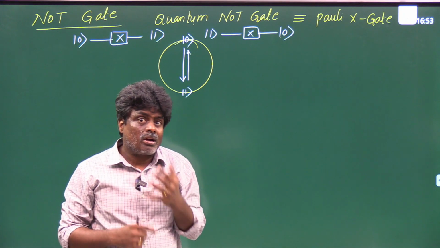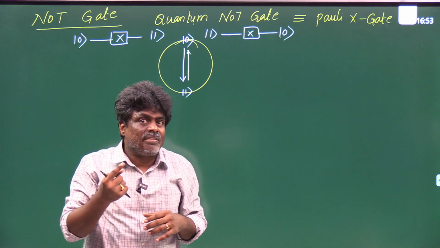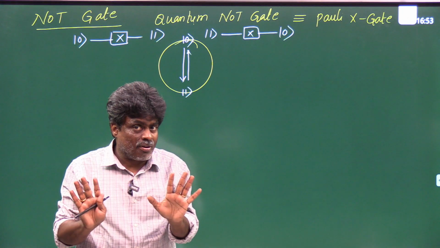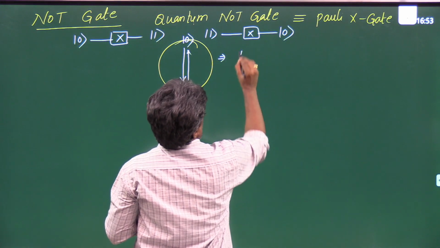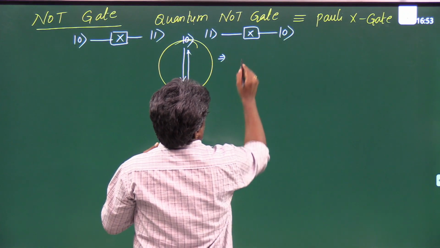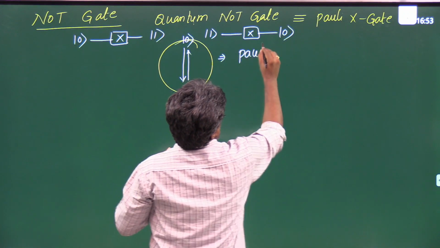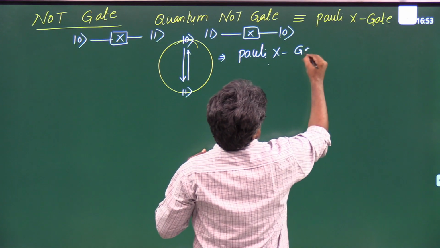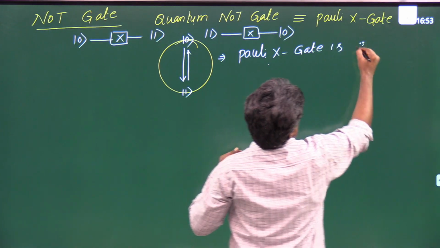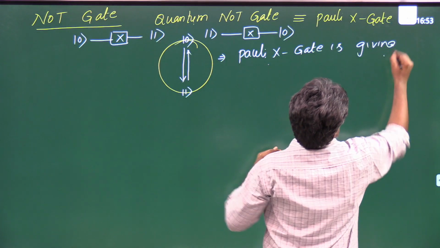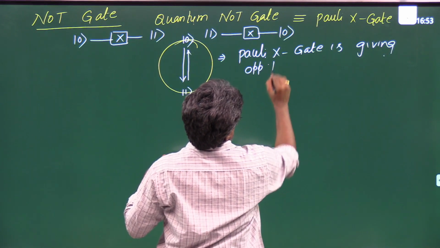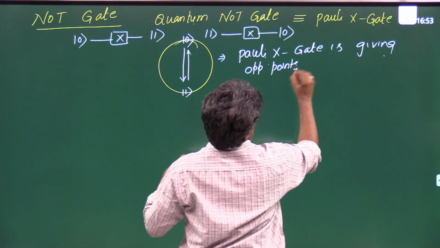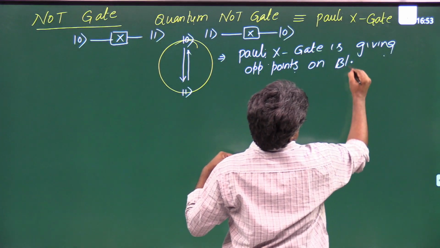So what is the NOT gate giving? The NOT gate is giving opposite points. Am I right or wrong? Yes. From this we can say the Pauli X gate is giving, please observe carefully, opposite points on the Bloch sphere.